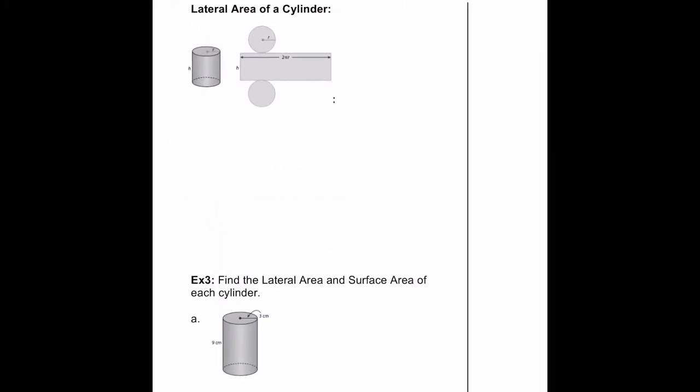Formula for the lateral area, L equals 2 pi r times h, which gives me the area of this rectangle, which is what the net turns out to be. Then the surface area is going to be 2 pi r h, that's the lateral area, plus 2 of those circles, so 2 pi r squared.